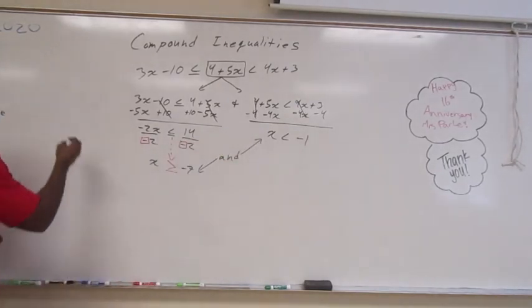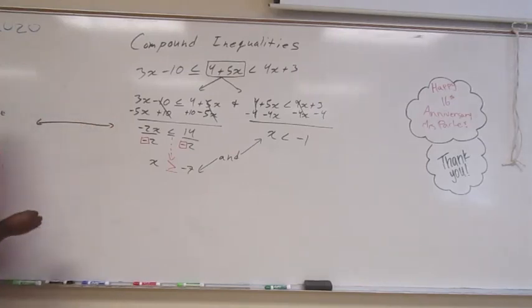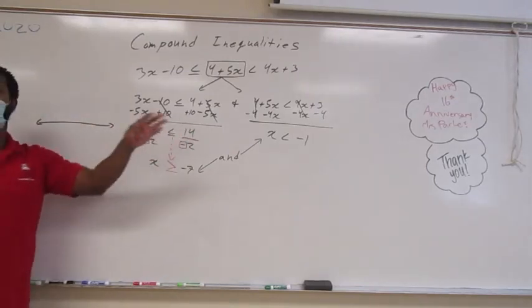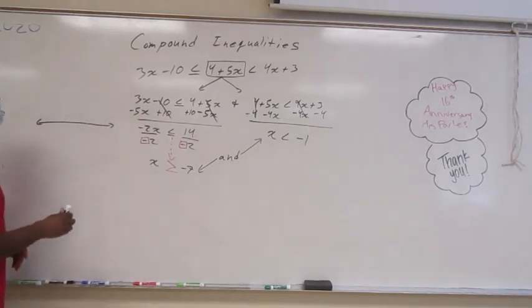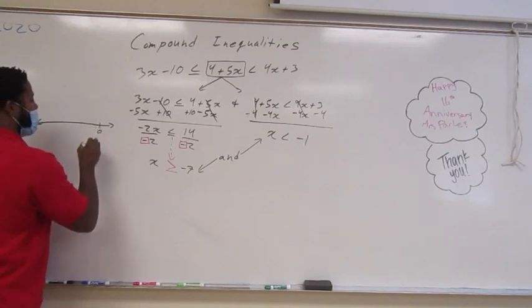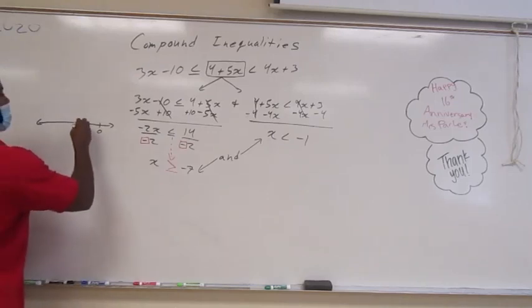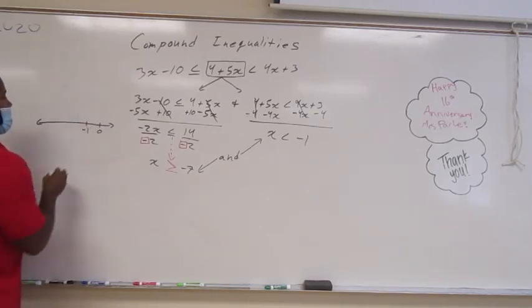How are we going to write that? Well, since both of these are negatives, I'm going to just scoop my 0 over right here, because we all know that the negatives are going to be on this side of the 0. So I'm going to put negative 1 right here.